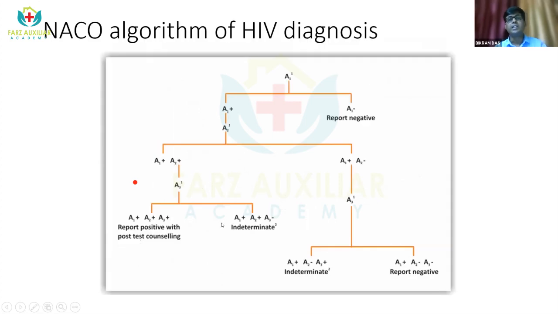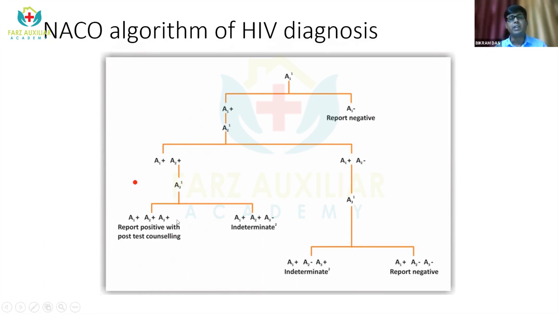How does NACO diagnose HIV? There are 3 tiers of tests. The first test is the most sensitive. If the test report is negative, HIV is ruled out. But if it is positive, then we should give 2 more tests, suppose A1, A2, and A3. If A1 is positive, we do A2. If A1 and A2 are both positive, we go for a 3rd test, A3.